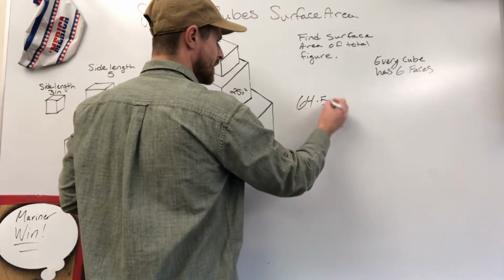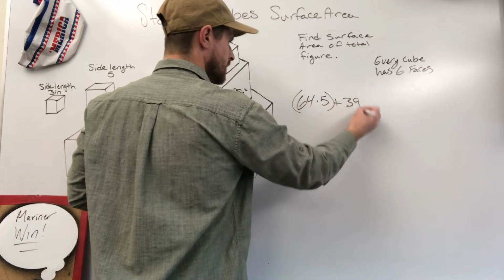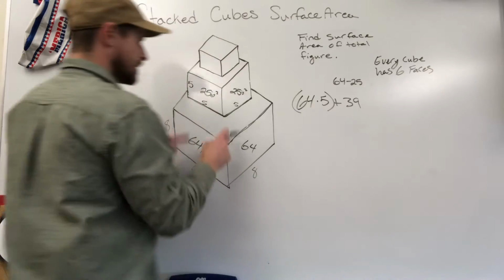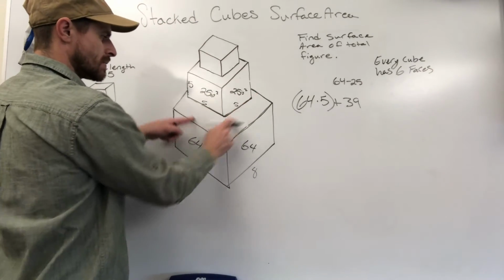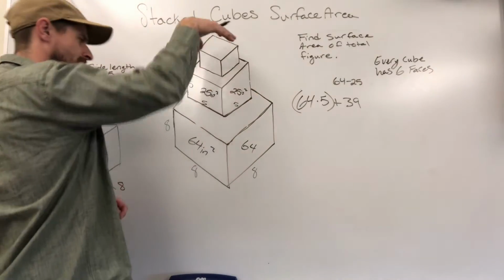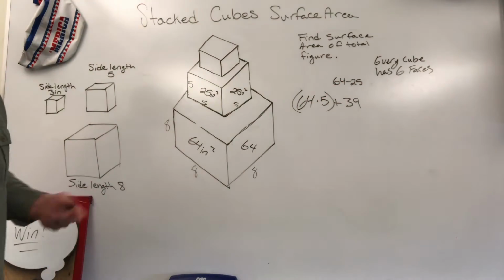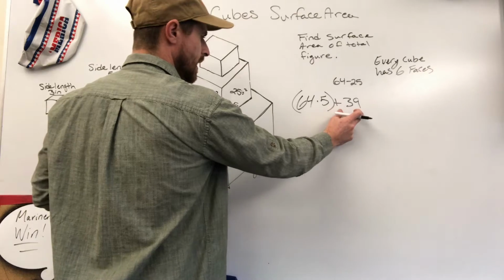So I'm gonna add 39. That comes from 64 minus 25: 64 would be the total of this top that I'm touching right here, but we put a box that covered up 25 square inches of it, so we subtract that, leaving us with 39.